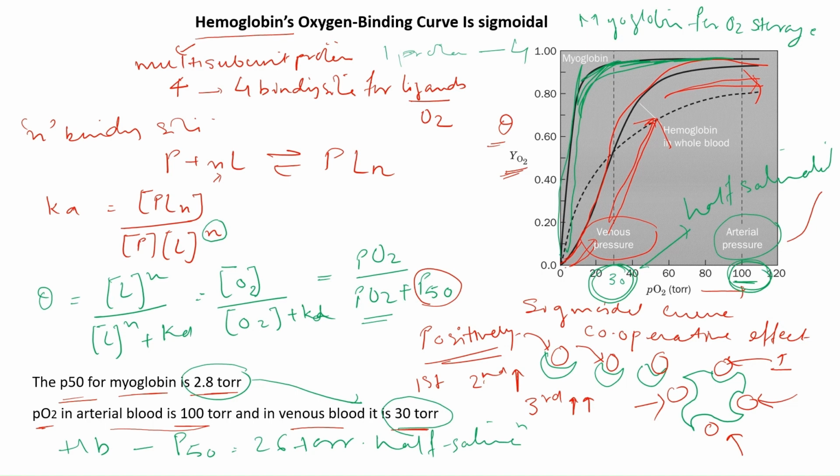But it is easy for hemoglobin, because in arteries it will remain fully saturated, whereas in veins it will remain only half saturated, because the pressure in veins is 30 torr and the P50 of hemoglobin is 26 torr. And this difference is needed to release the oxygen in the body. Hence, hemoglobin is designed to carry oxygen and myoglobin is designed to store oxygen.